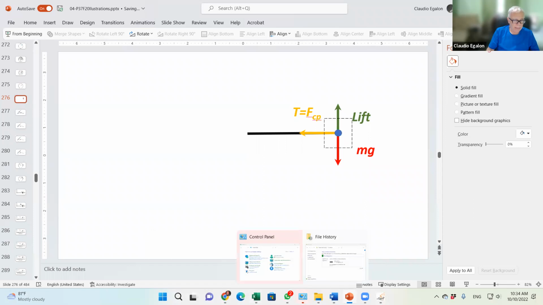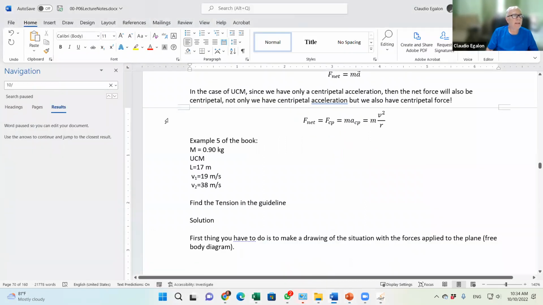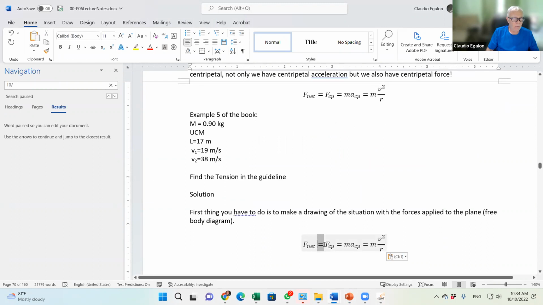So we go ahead and use Newton's second law of motion right in here. Net force is mass times acceleration.